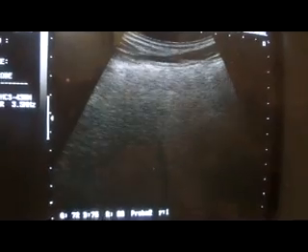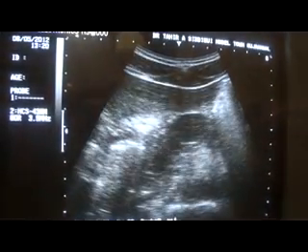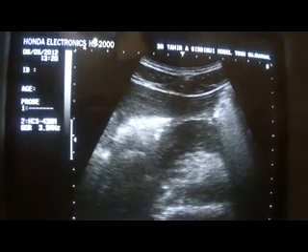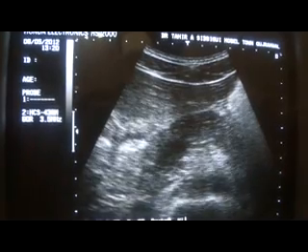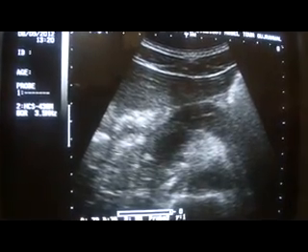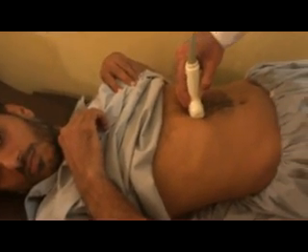Well, one important thing: this vessel is not the splenic vein. This is the splenic artery, and I will explain to you in a while. Don't be misguided by that vessel.